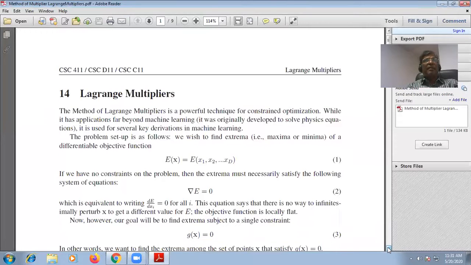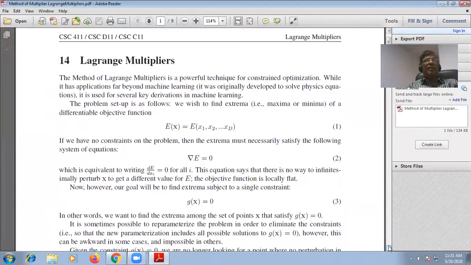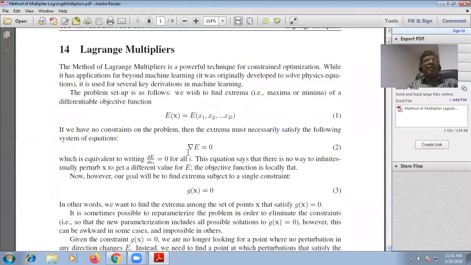The method of Lagrange multipliers is a powerful technique for constrained optimization. Constrained optimization means optimization problems including equality constraints.